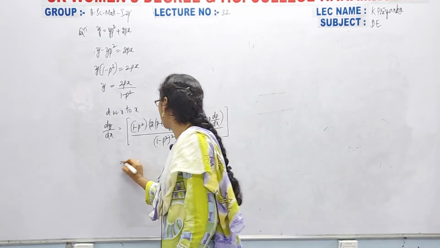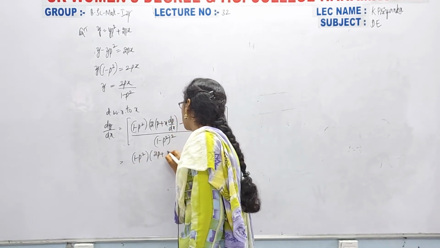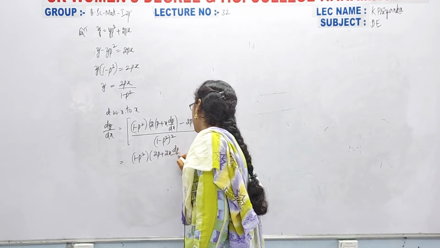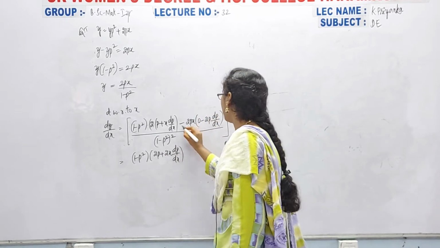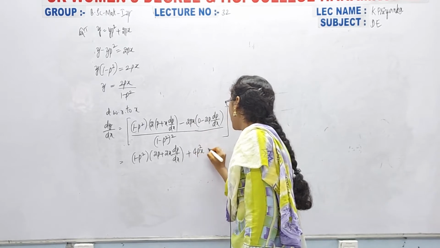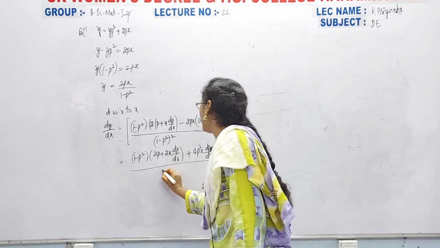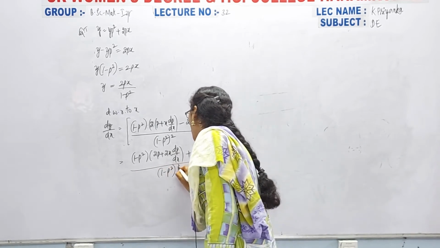Okay, so then here 1 minus p square of 2p plus 2x dp by dx. Okay, then minus into minus plus, 2 into 2 is 4 p square x dp by dx, whole divided by 1 minus p square whole square.